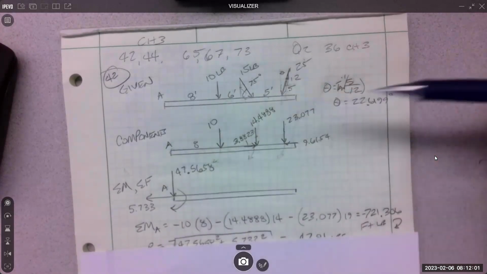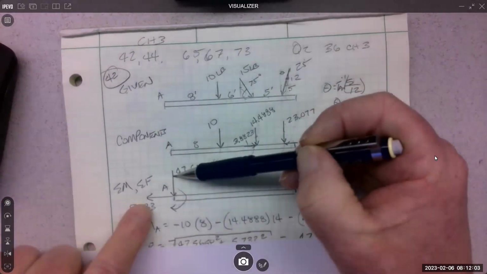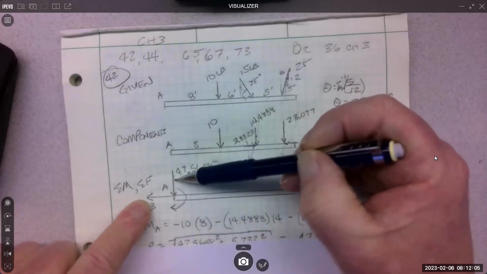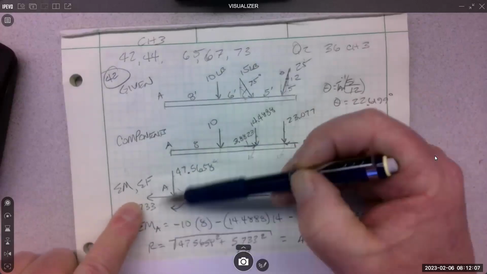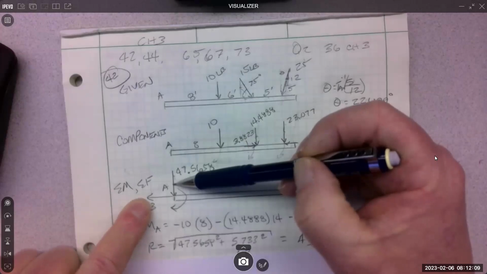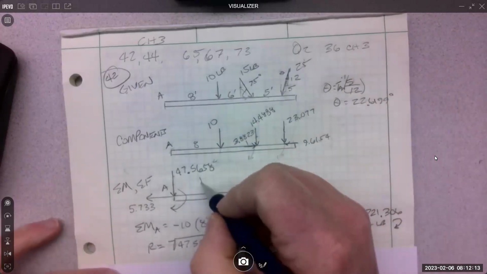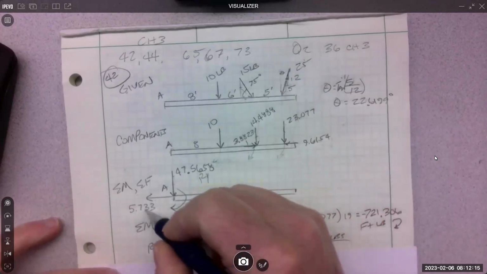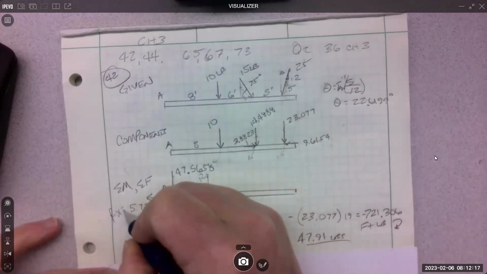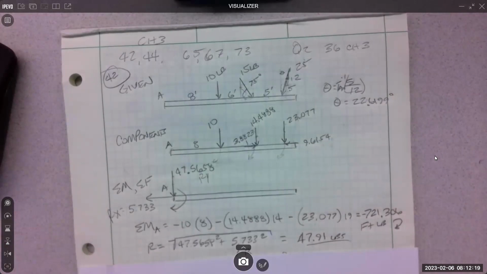Once you have that, these two are the components of the resultant. The book will refer to this as our Y and this as our X. It's fine.